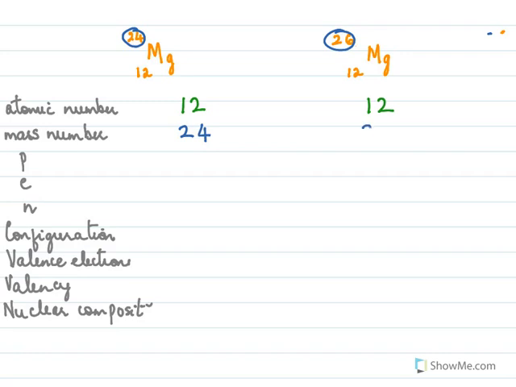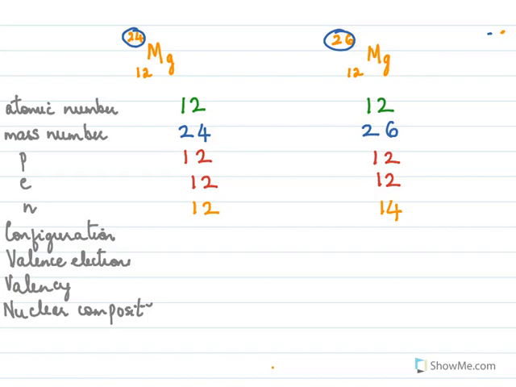Now number of protons is the atomic number, so 12 and 12. So electrons also will be 12 and 12, protons equal to electrons. Now to find neutrons, we do 24 minus 12, so in this case it will be 12, and here 26 minus 12, the neutrons will be 14.